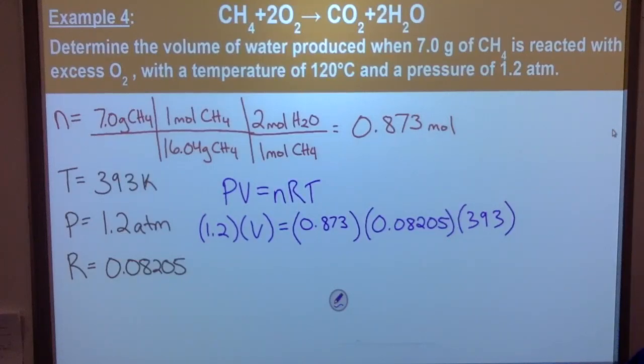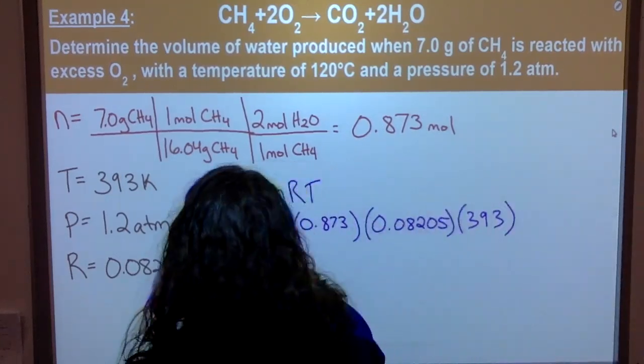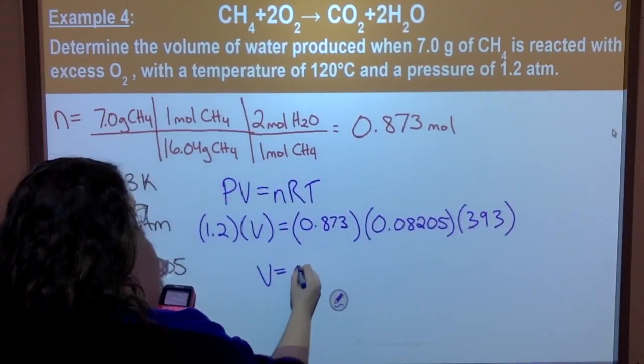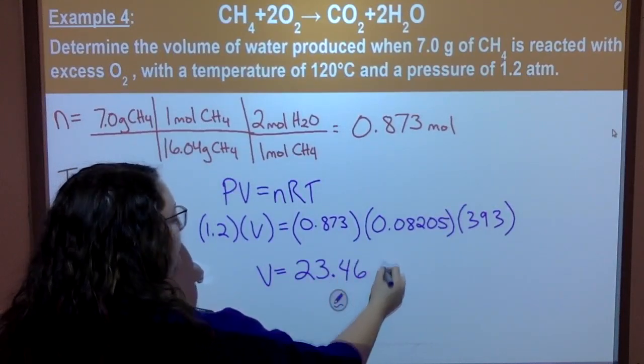We're going to end up with 0.873 times 0.08205 times 393. That would all be divided by 1.2. So you should end up with V being equal to 23.46 liters.